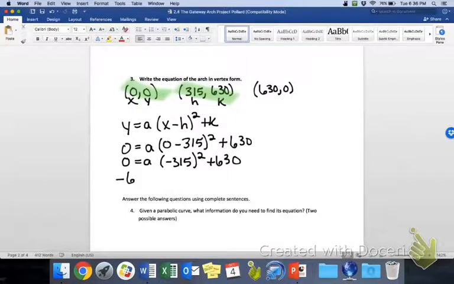Subtract the 630 over. Negative 315 squared is 99,225.